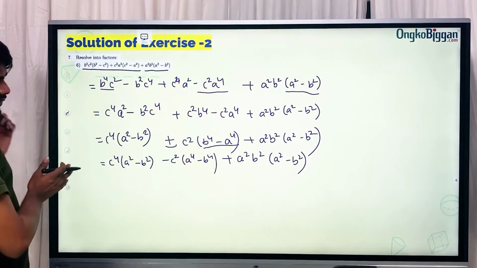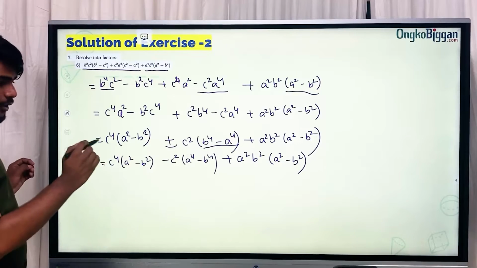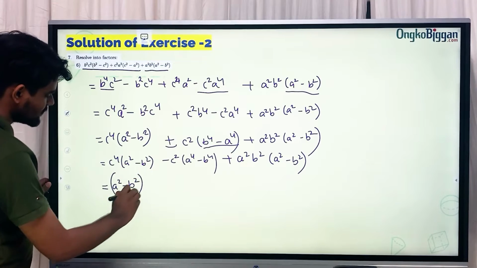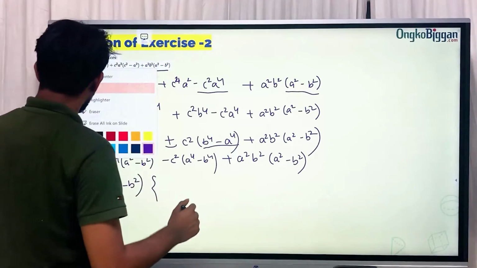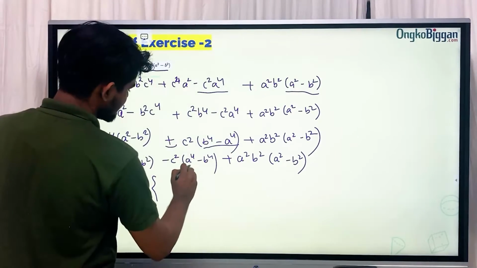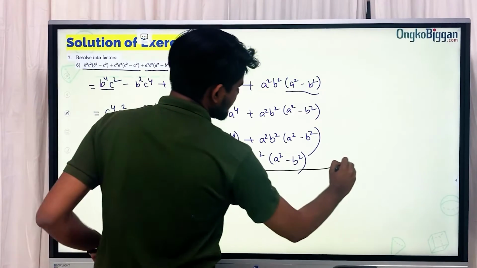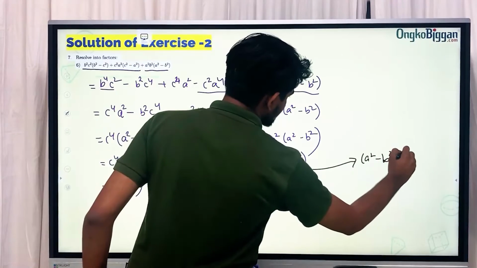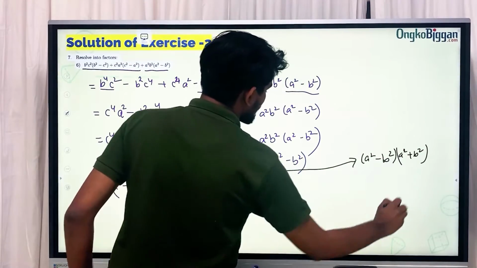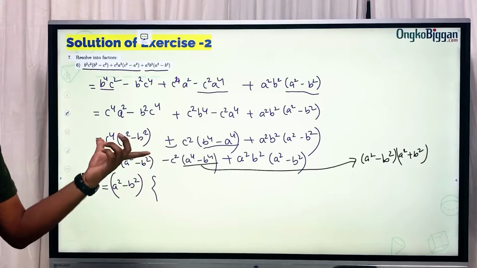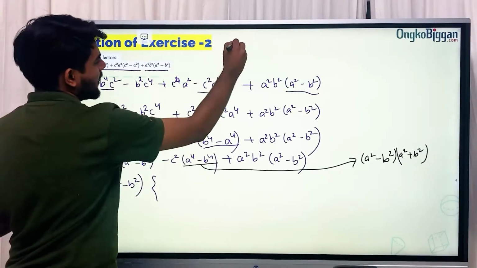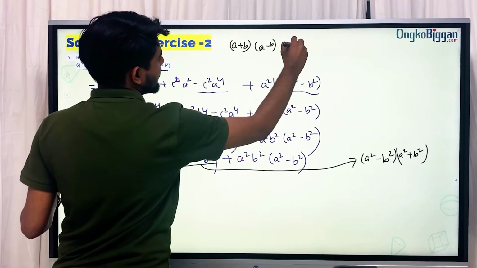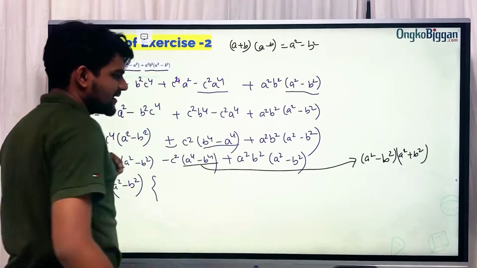Now you can see that we have a square minus b square as common from all parts, so we can take a square minus b square as common. This can be split in this way. That is the formula of a plus b into a minus b making a square minus b square, and the similar thing has been done here.